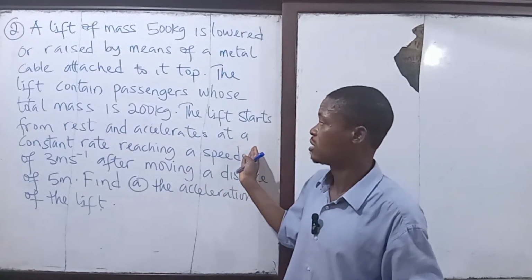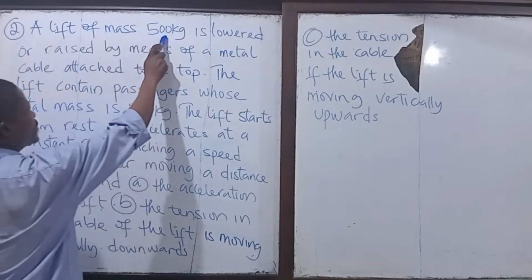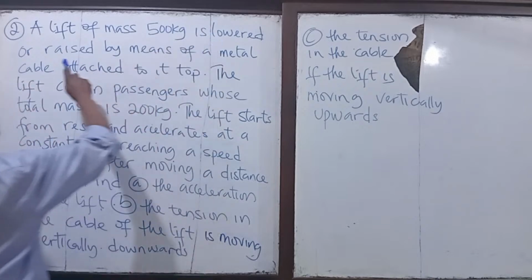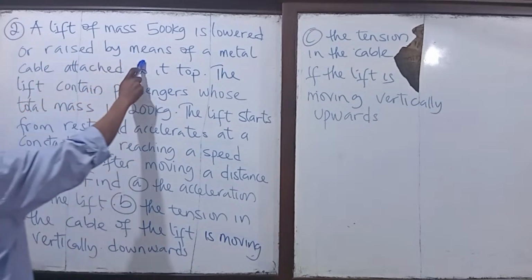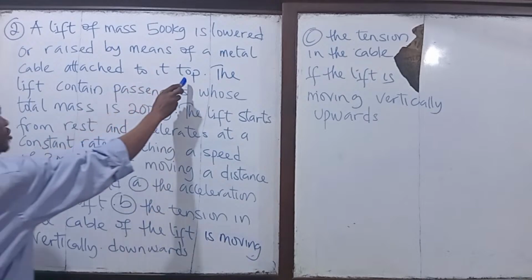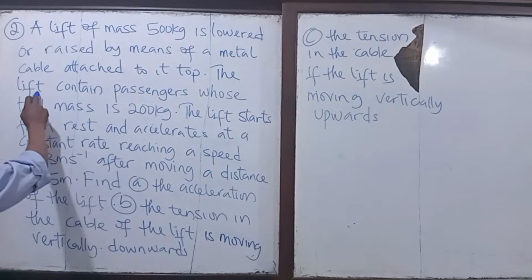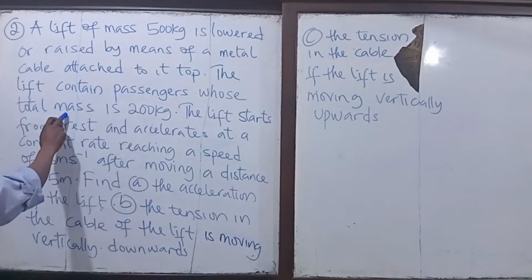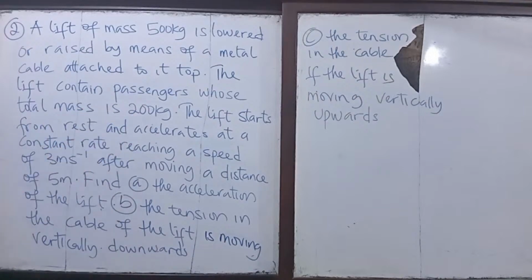Okay, let's see this question. A lift of mass 500 kg is lowered or raised by means of a metal cable attached to its top. The lift contains passengers whose total mass is 200 kg.